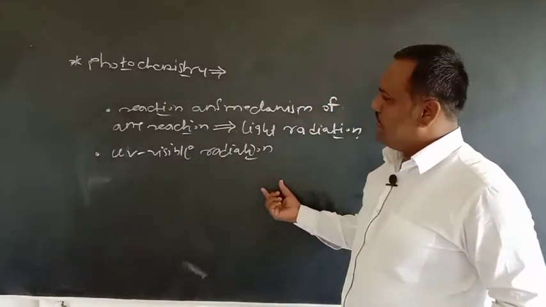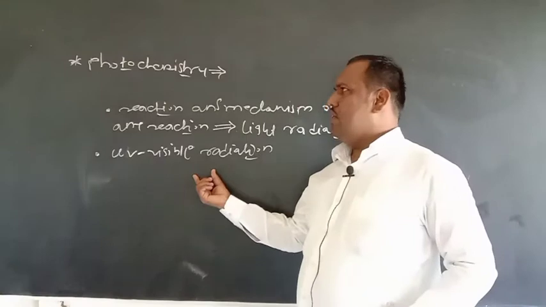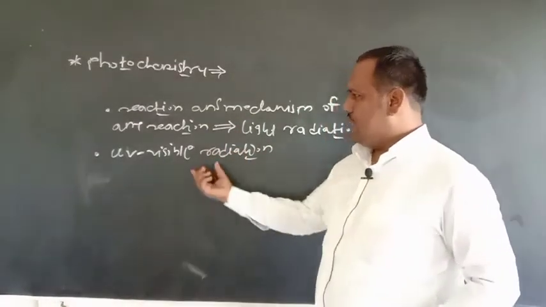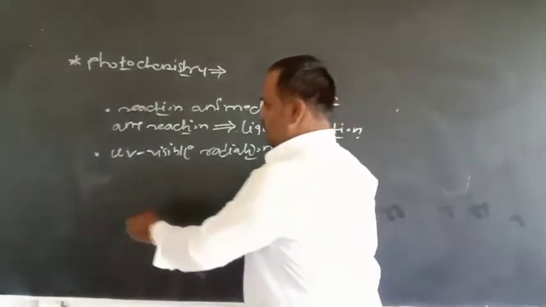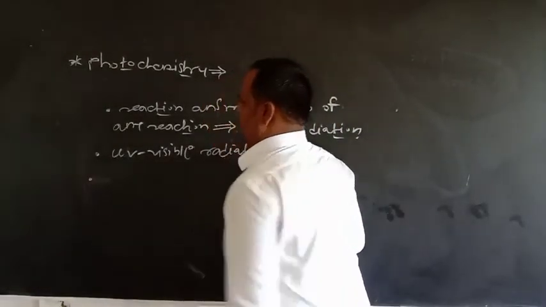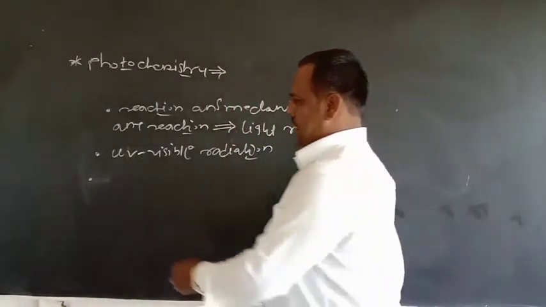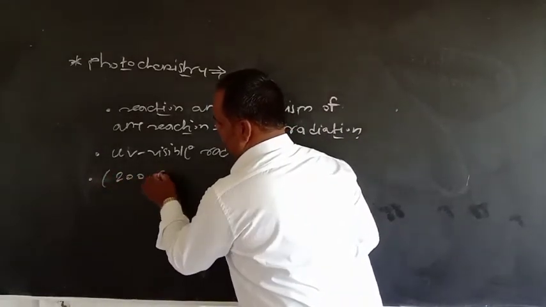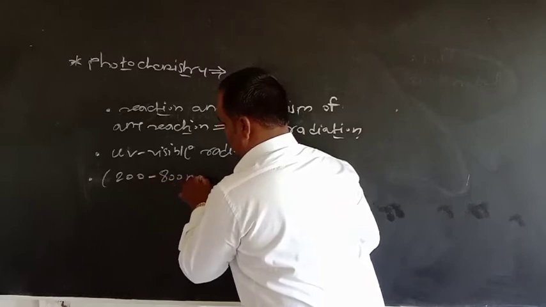UV visible radiations are necessary for any photochemical reaction, for any chemical change. You know the wavelength for this UV visible radiation is between 200 to 800 nanometer.